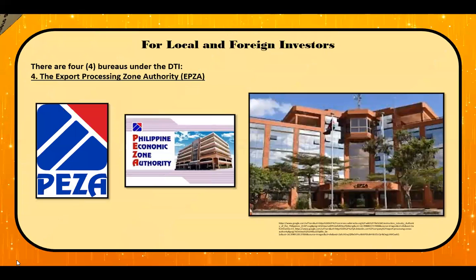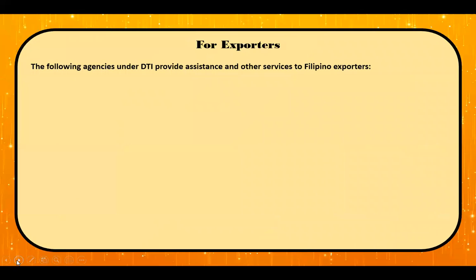Then the fourth, or the last bureau under DTI, is the Export Processing Zone Authority, or what we call EPZA. So it regulates the operation of the Bataan, Baguio City, Mactan, and Cavite Export Processing Zones. So for the exporters, the following agencies under DTI provide assistance and other services to the Filipino exporters. So we have the Export Assistance Network, or Exponet.